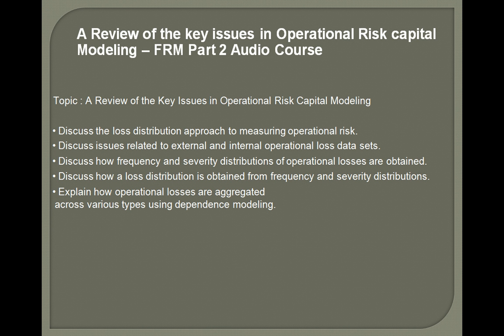Constructing the loss distribution for the entire institution is then done using Monte Carlo simulation across the loss frequency and severity data types, and we begin with each data type and then aggregate losses across all of them. So you can think of the first step as modeling frequency, modeling severity, then using convolution to get a distribution, then using Monte Carlo, and working from the bottom up.